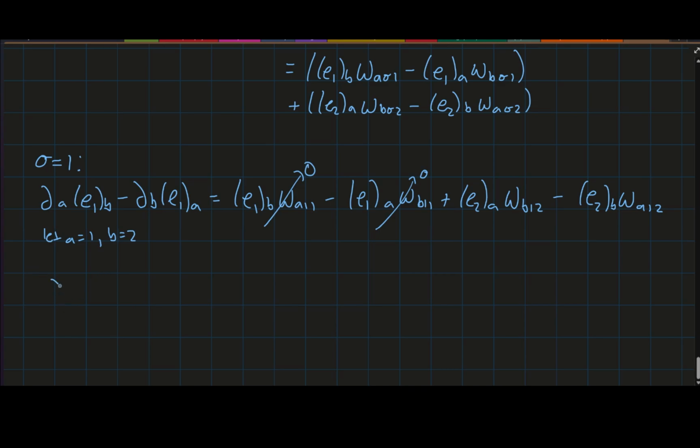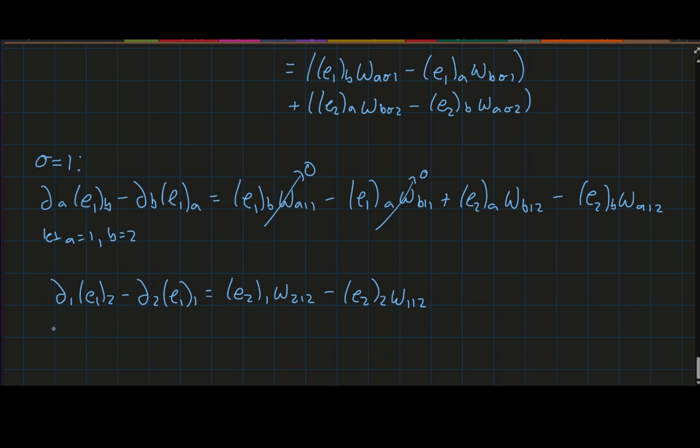And with that, we get this del 1 E1 2 minus del 2 E1 1 equals E2 1 omega 2 1 2 minus E2 2 omega 1 1 2.